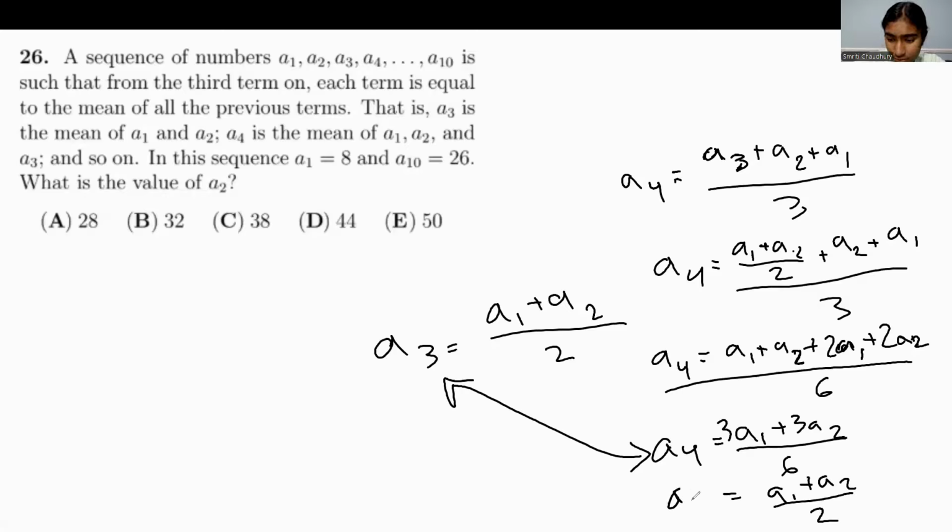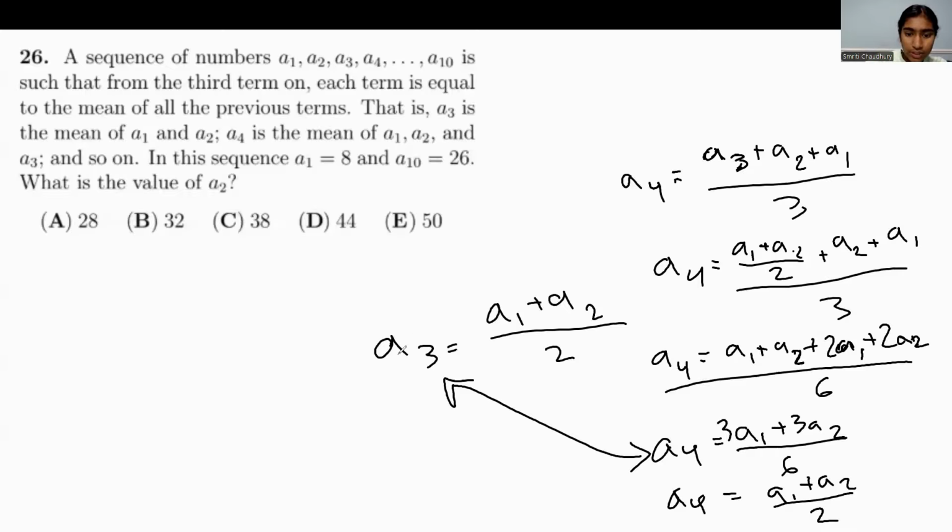And so the point of this is that if you're taking the average of two terms, now that's your average. Now you're adding up the average plus the average and taking the average of that, you're going to get the average again. And so every value after A2, so A3, A4, and so on, is going to be the same value, which means A10 is also the same value as A3.